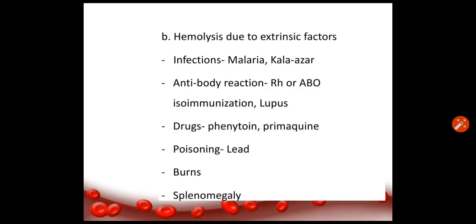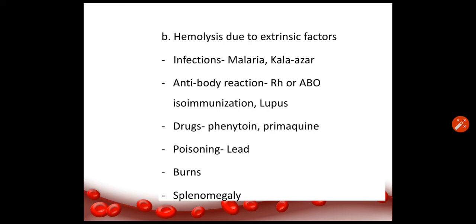The second condition is hemolysis due to extrinsic factors. So some factors from outside our body result in hemolysis inside our body. Infections like malaria, Kala-Azar can lead to hemolysis and anemia. Antibody reactions, that can be Rh or ABO isoimmunization, lupus erythematosus, can all lead to hemolysis. Next are drugs like phenytoin, primaquine, which also lead to hemolysis.